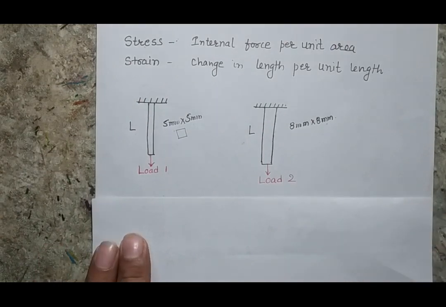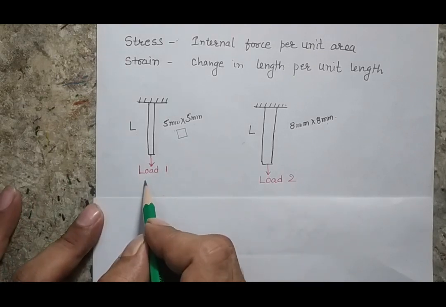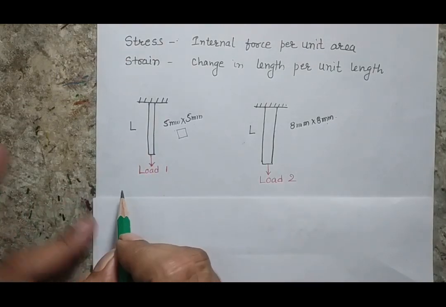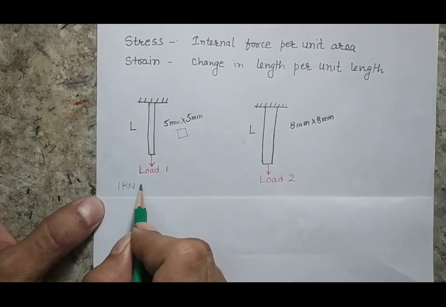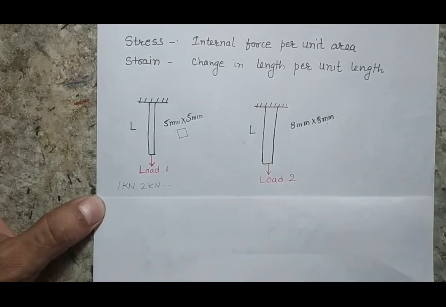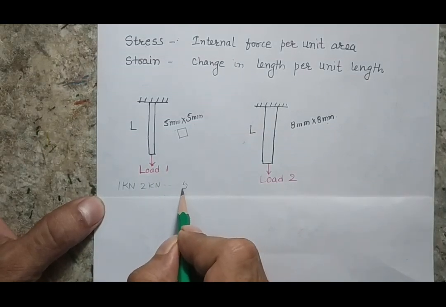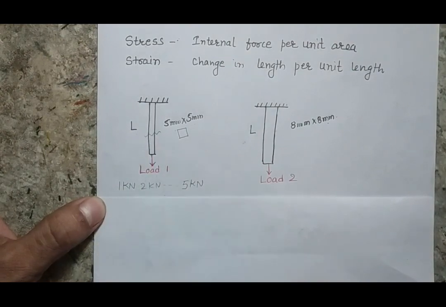Now I want to apply a test on the first bar. I am loading my first bar, increasing the load from 1 kilonewton to 2 kilonewton and so on, and I observe that when the loading reaches a value of 5 kilonewton, there is a breakage in the bar.